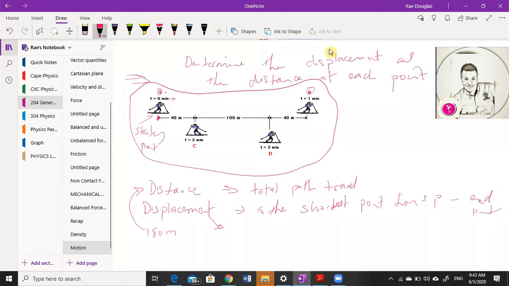So now we say it's the shortest path from the start point to the end point. The end point is here. What is that displacement that we're getting here, if we're supposed to measure it? What would we get?